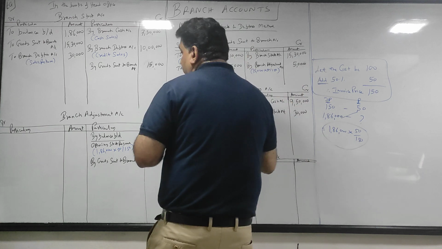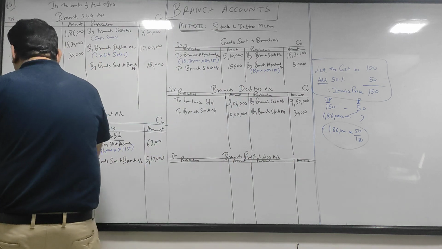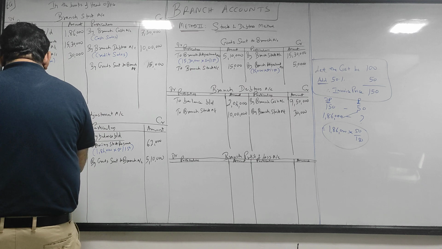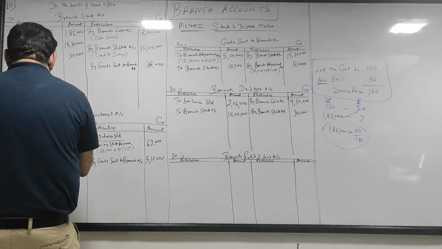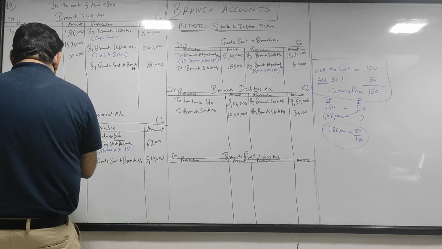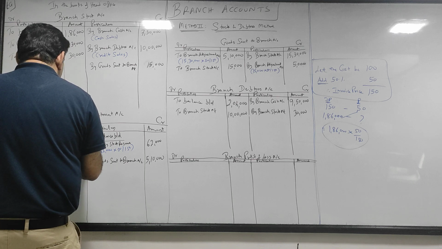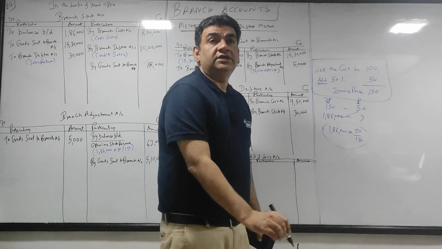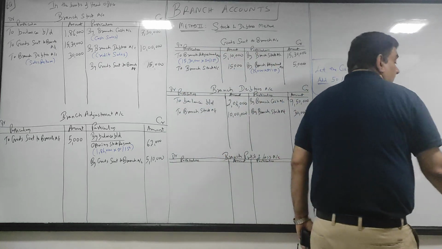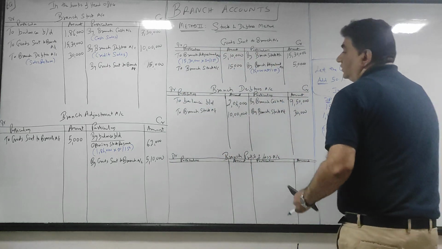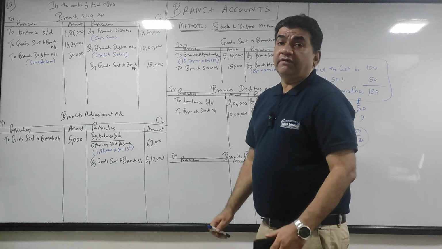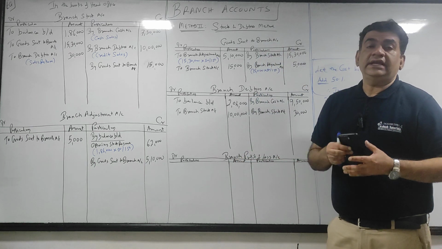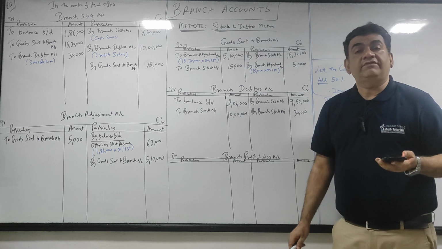So by branch adjustment 5,000 and branch adjustment में to goods sent to branch 5,000. Getting it? ब्रांच एडजस्टमेंट में टू गुड्स सेंट टू ब्रांच 5000. 5000 कैसे आया? 15,000 into 50 upon 150.